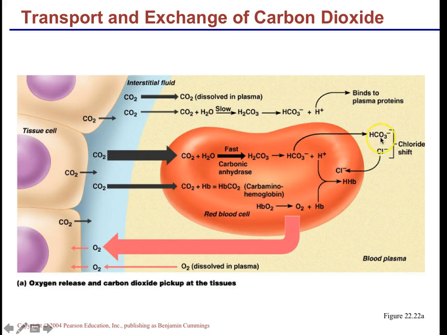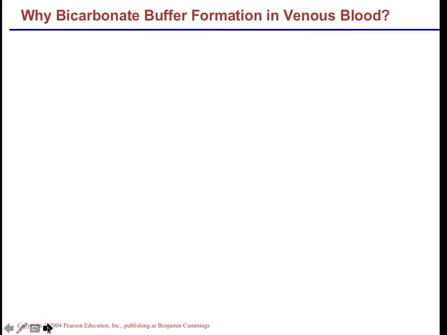And then one of the major forms of the bicarbonate buffer is sodium bicarbonate. And then why that is, I'll tell you in a second. And then when you end up getting to the lung, this entire equation will go in reverse. So let me get to the next slide and make some sense of all of this.